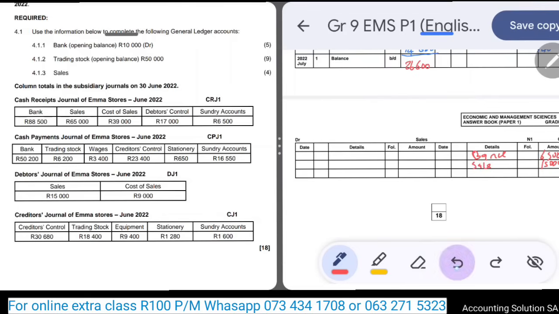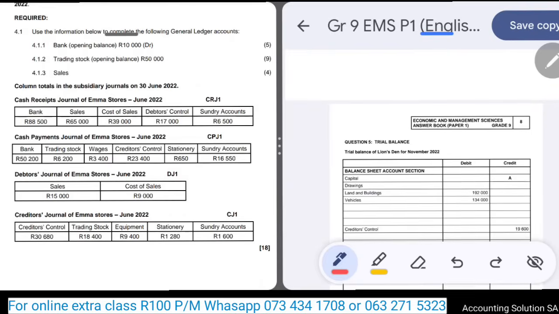We indicate the debtors control here. Very simple. That's how you do it. So a sales account, you don't close it off, né? You just leave it like this.